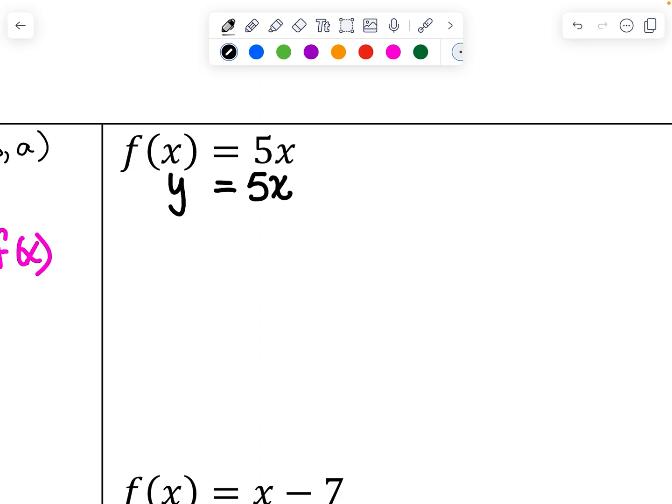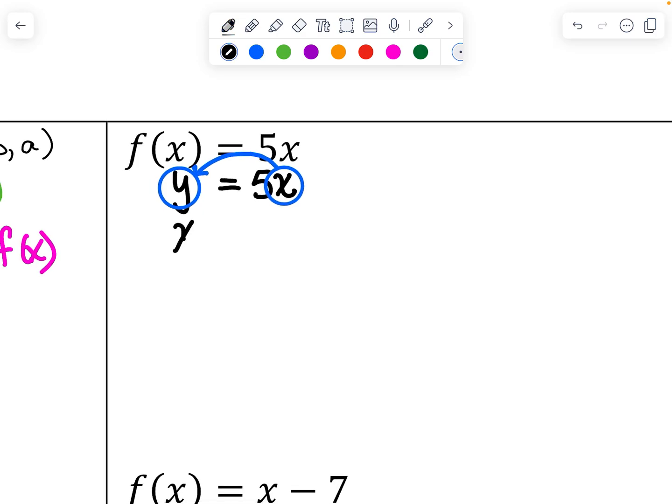Then we are going to rewrite the problem by taking the x and the y and switching their places. Not the terms, just the letters. So we're going to write x is equal to 5y.